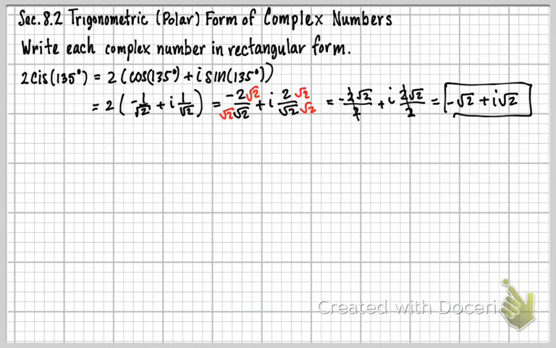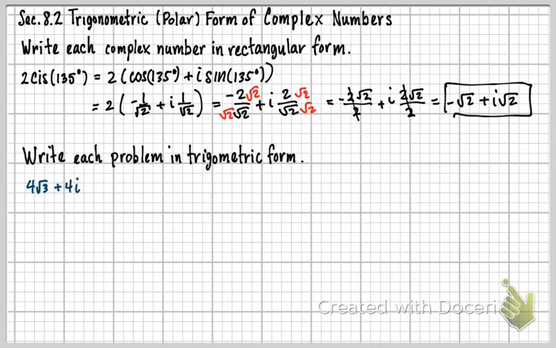Okay, now the next problem I want to do is, so this problem says write each problem in trigonometric form. So we're going to take this 4 square root of 3 plus 4i, and we're going to write it in trigonometric form. So that's the cis theta form that we see here. So now, first things first, we need to find r.